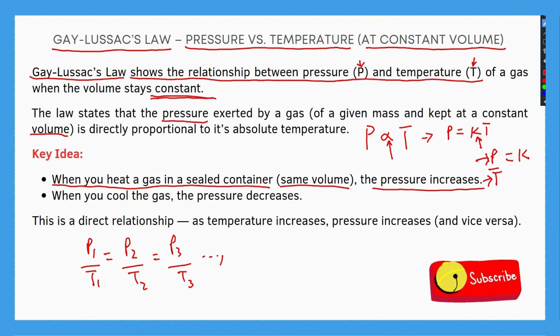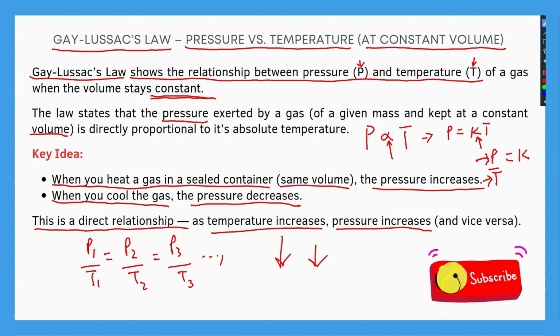So that's Gay-Lussac's law in play over there. And when you cool a gas in a sealed container, the pressure reduces. This is a very direct relationship, because as temperature increases, pressure increases as well. And if temperature goes down, pressure will also go down.